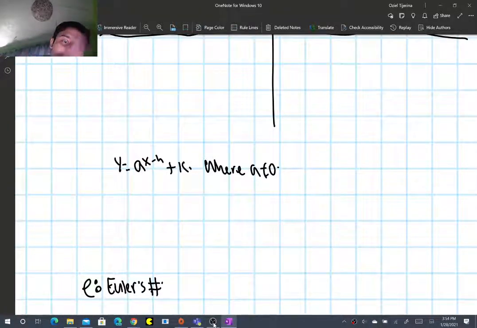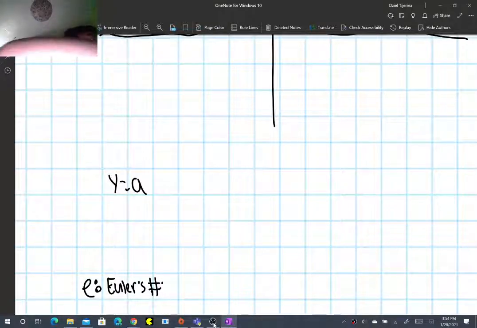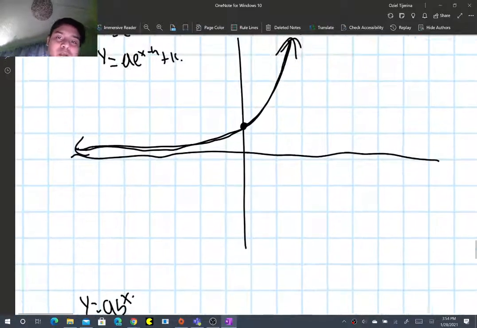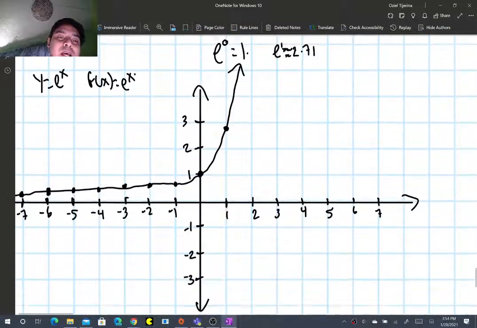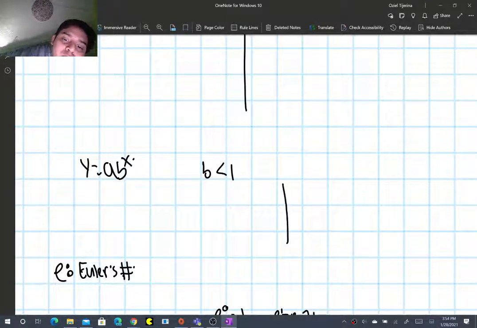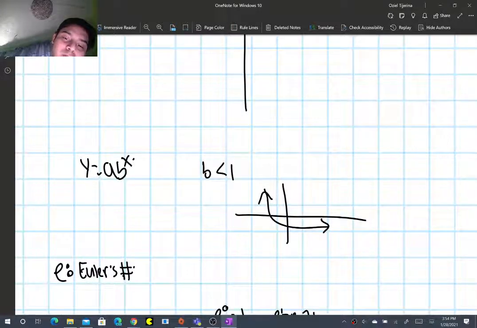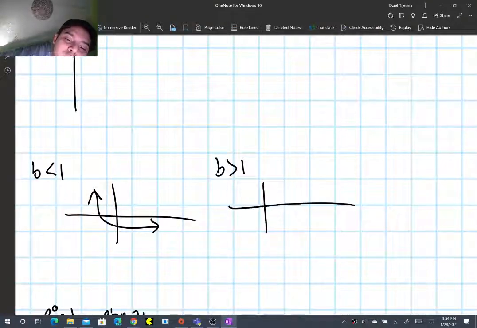In reality, this is y equals a times b to the x, okay? So when we have something like that, if b is less than 1, it's going to look like this, okay? If b is greater than 1, it's going to look like this, okay?